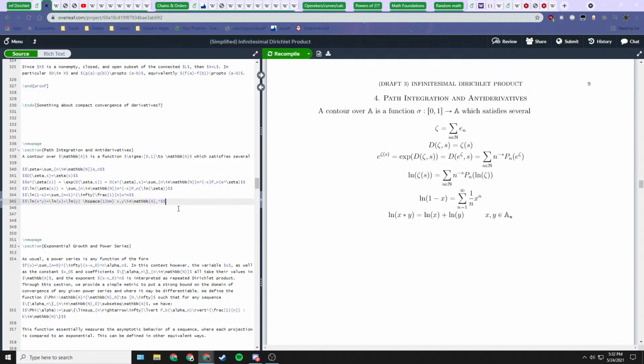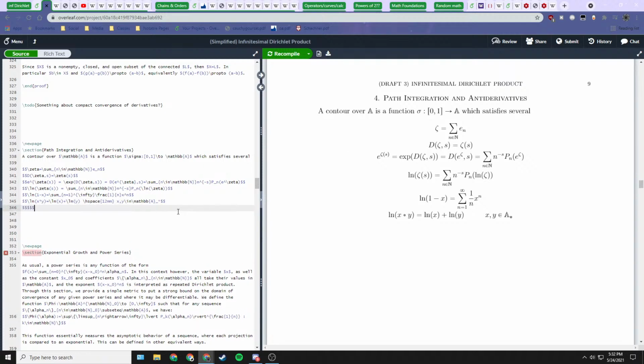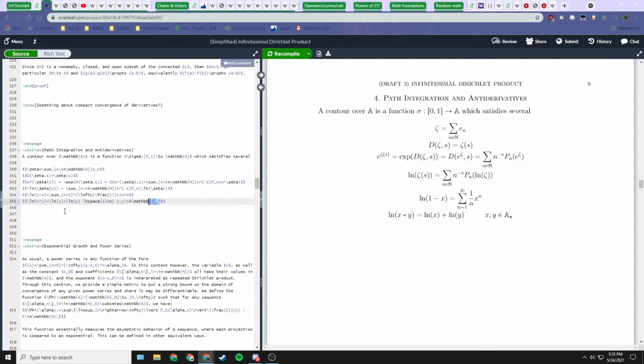So from the identity theorem, suppose we have this identity up here for some domain. We'll just call it S. Actually, we'll go a little simpler.